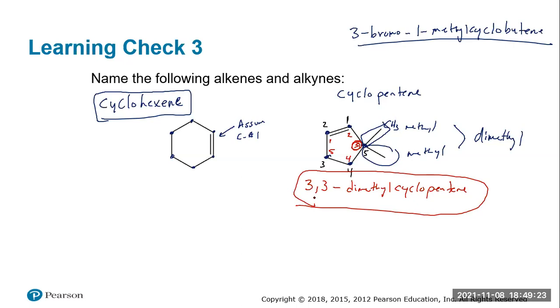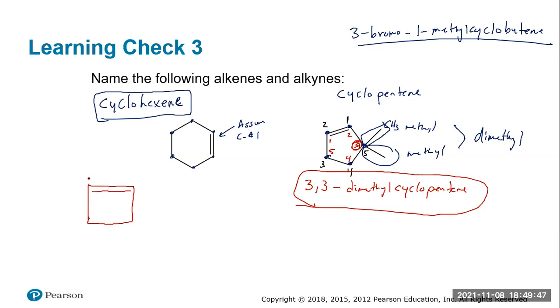All right. Lastly here, 1-methyl-3-bromocyclobutene. Cyclobutene is based off of 4 carbons. ENE means there is a double bond, so I'll just draw the 4 carbons as a square. And I'm just going to put my double bond in right there.